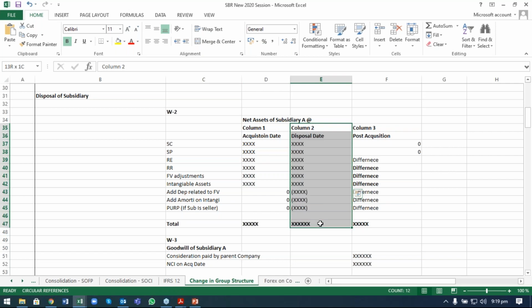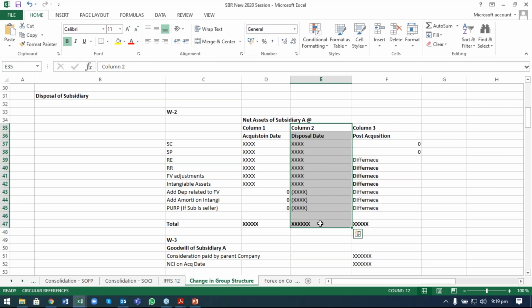Before calculating this one, I'm just making a concept about what items should be accounted for when a disposal of subsidiary should be accounted for. There should be three main workings. Whenever you are acquiring a subsidiary, you are recording three items related to a subsidiary within your consolidated balance sheet or income statement.